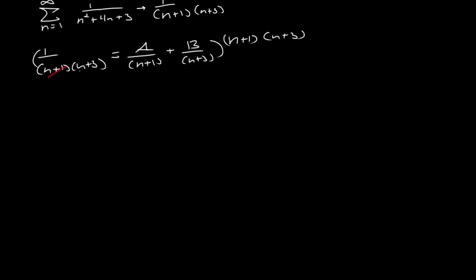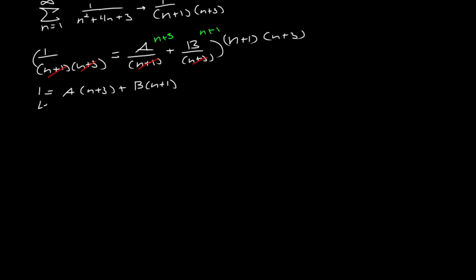This will cancel out this over here, this, and this. And it will leave us with n plus 3 up here and n plus 1 over here. We can rewrite this as 1 is equal to A times n plus 3 plus B times n plus 1 over here.